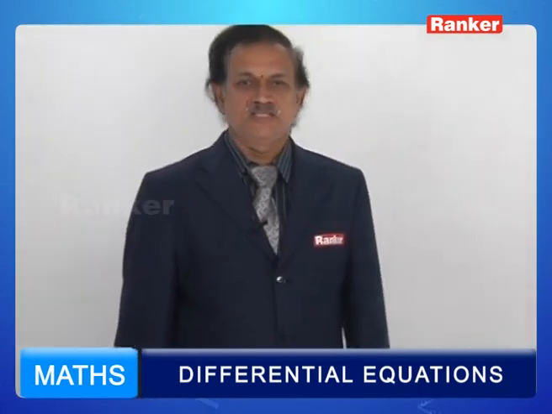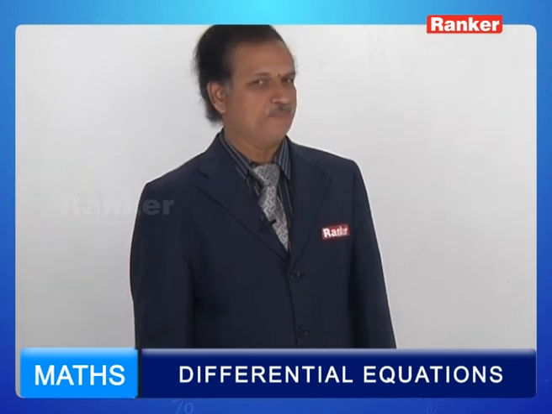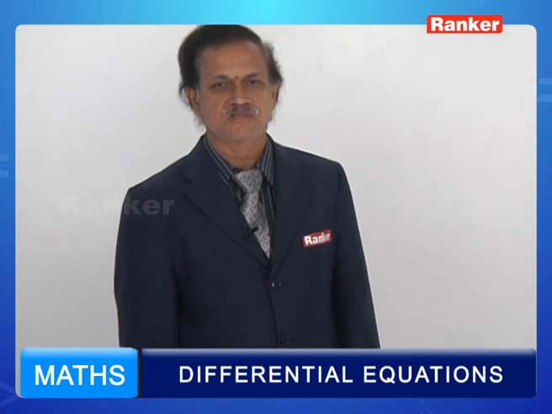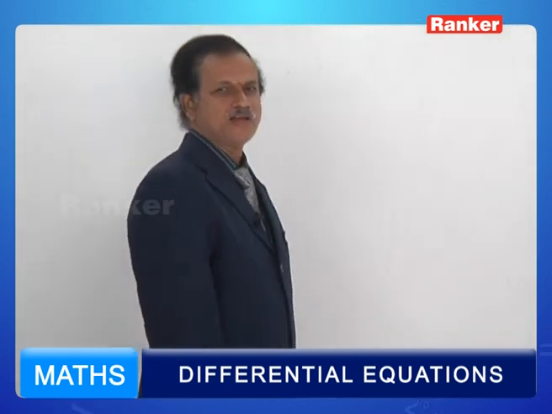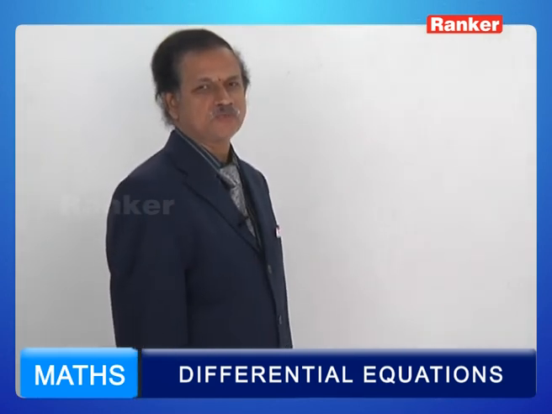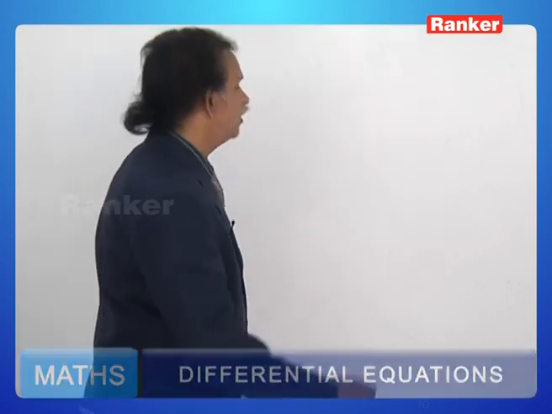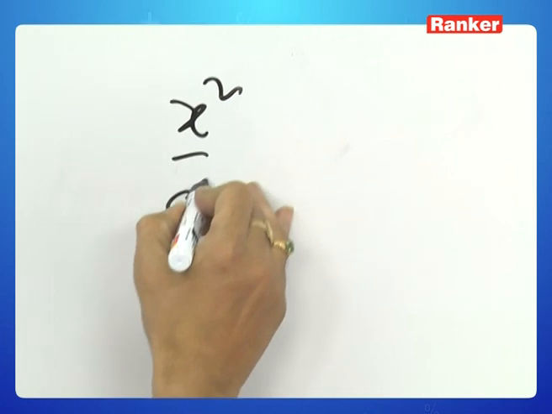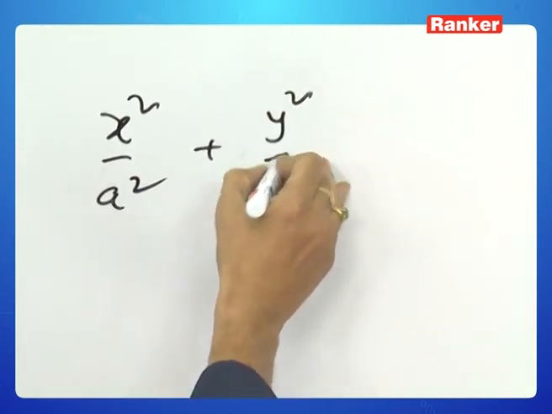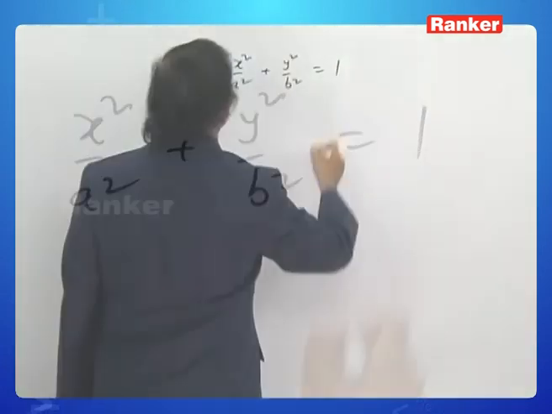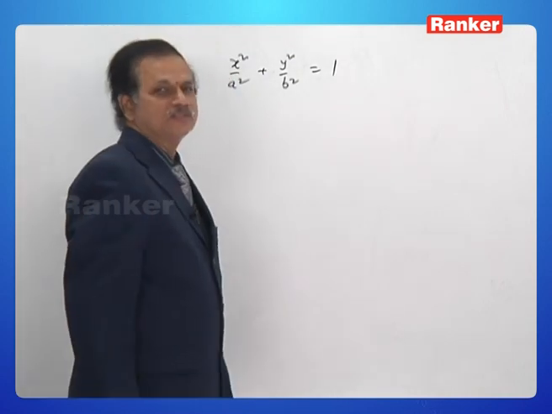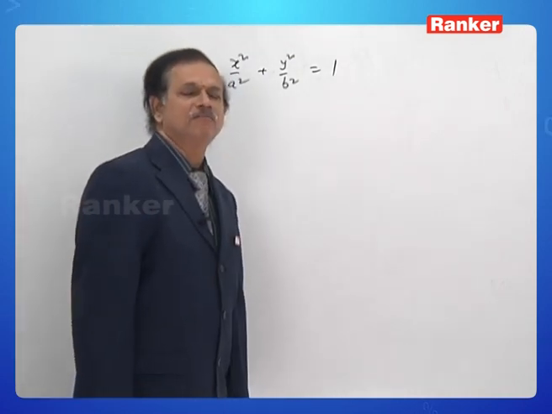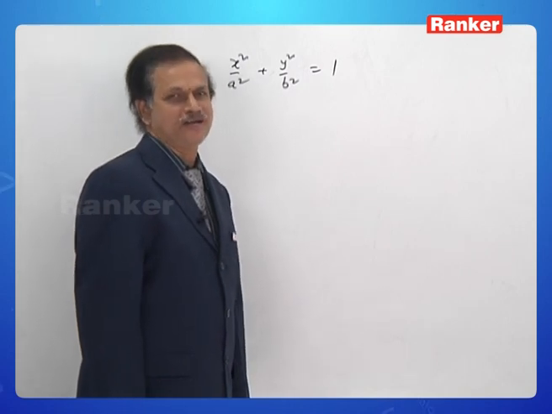So far we have seen the differential equations of different parabolas. Let us turn our head towards ellipse. What is the standard equation of an ellipse? x square by a square plus y square by b square is equal to 1. What is the differential equation of the family of ellipses centered at origin and major axis and minor axis along the coordinate axis?